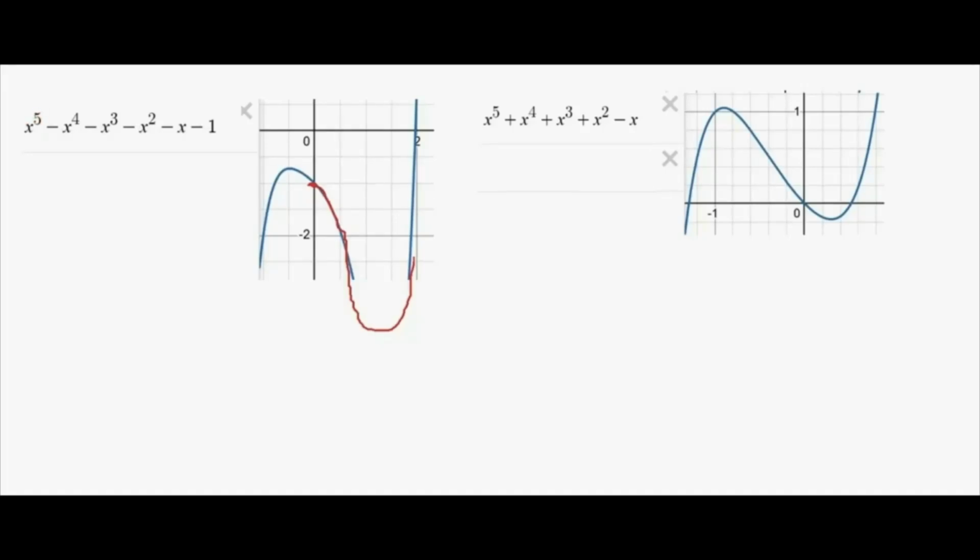It may take this term longer to catch up and pass, but it's still going to do it even with a leading coefficient of 1. And so this x to the 5 term, or whatever term is here, is going to have its way, which is why this term determines end behavior of polynomials. By the way, if you want a proof of that, I'll include a link in the description, because I didn't want to make this video longer than it had to be.